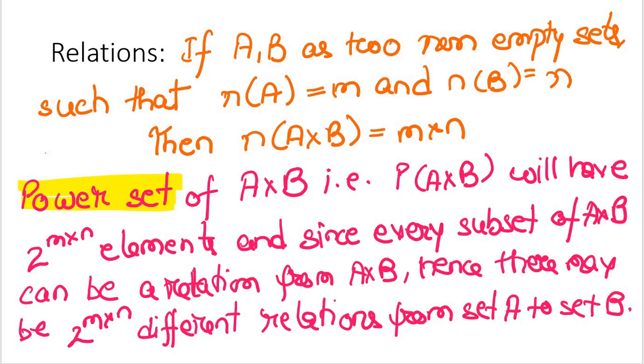So in that case, we can have 2 to the power m cross n different relations from set A to set B.